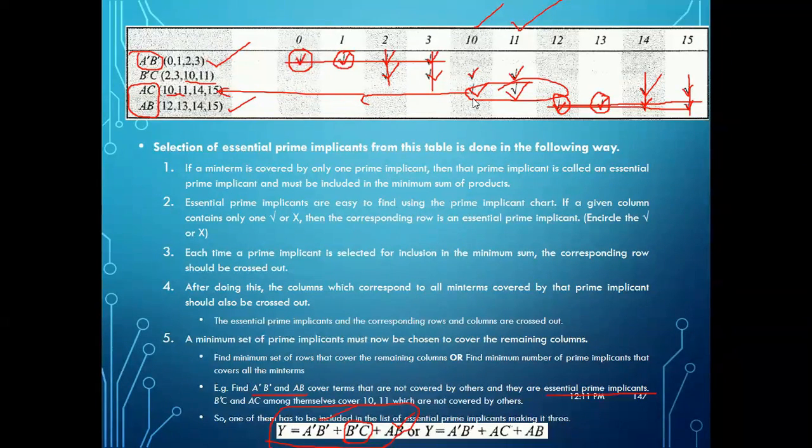So for this particular problem we have got the final expression as y is equal to a bar b bar plus b bar c plus ab, or you can write it as y is equal to a bar b bar plus ac plus ab. Both are right. There are a few steps here, and these steps have already been explained in the previous video. I'm not going to repeat them. So let us go to the next slide.